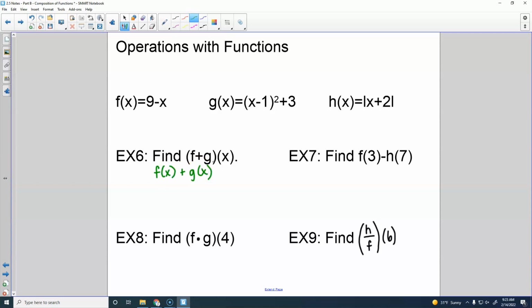But the worksheet you're going to see today uses this notation where it just says f plus g of x. When you see the plus sign in between, that means you're just adding those two functions together. So for this one, you're doing 9 minus x plus g of x, which is x minus 1 squared plus 3.